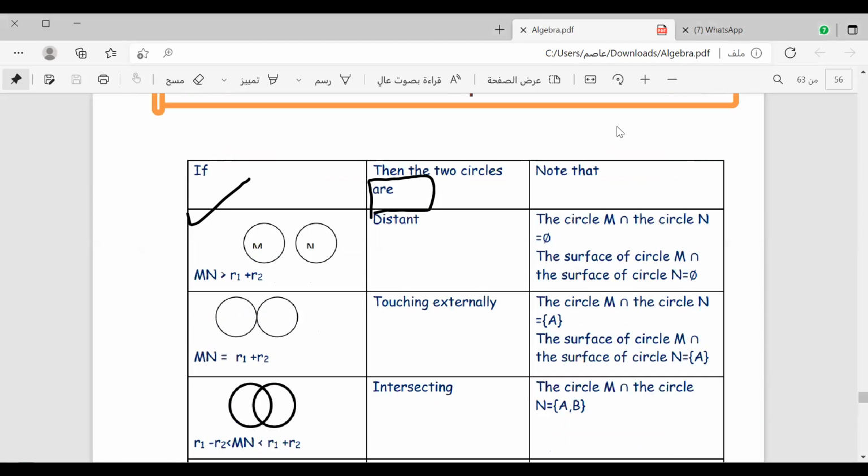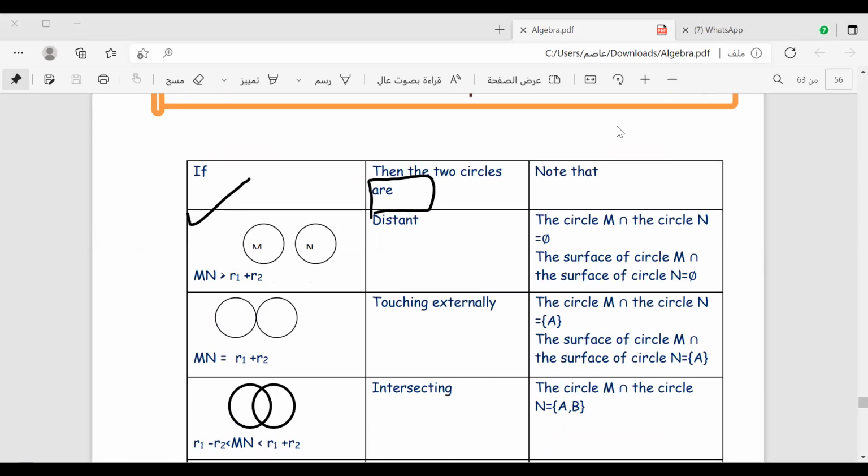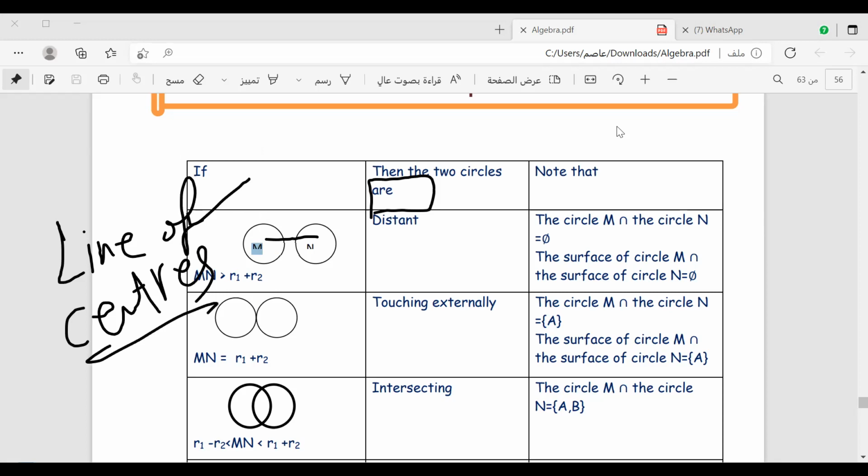In the case of distant circles, MN is greater than r1 plus r2. MN is the line connecting M and N. If this is M and this is N, this line is called the line of centers, خط المركزين. In this case MN is greater than r1 plus r2.